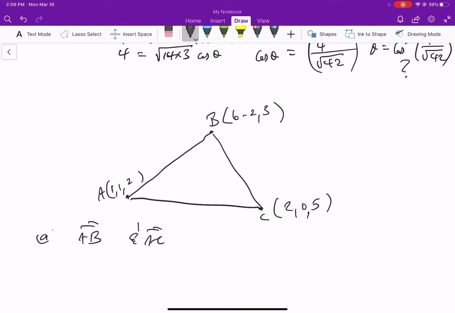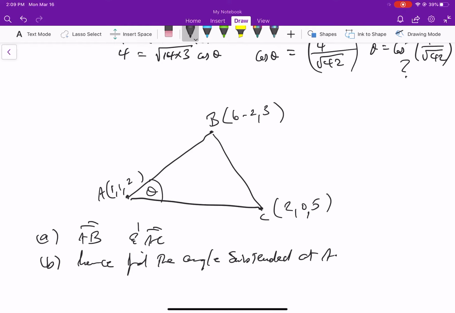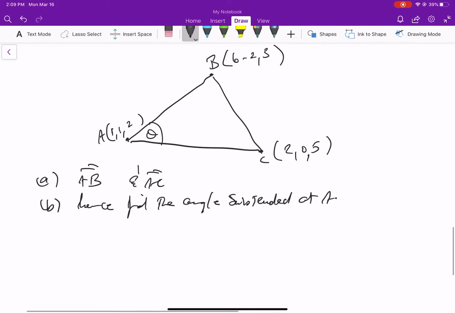That's part A. Part B, hence, find the angle subtended at A. And I'll call that angle theta. So the first thing we need to do, I'll use column vector notation for this one.